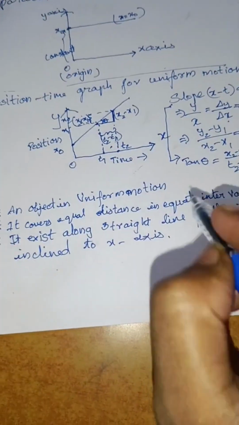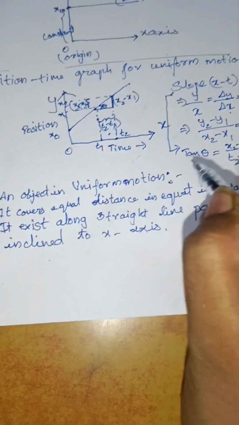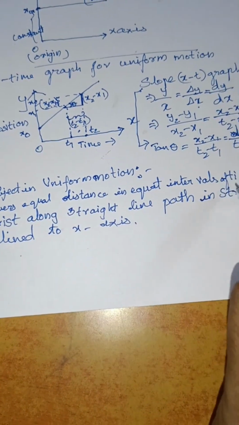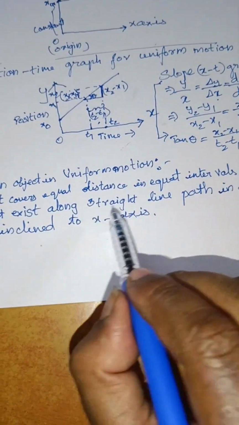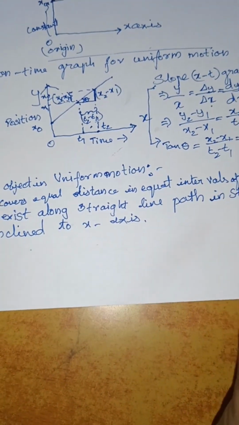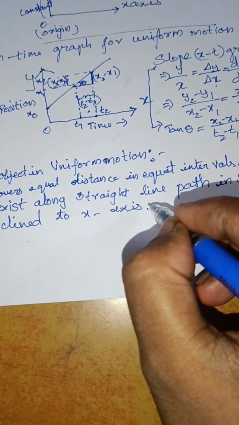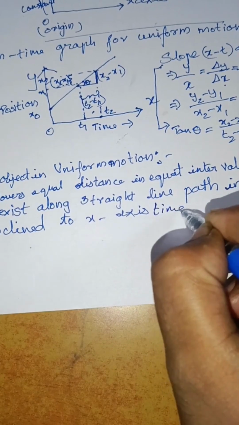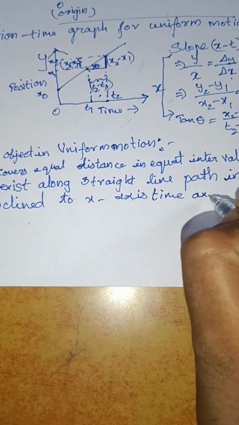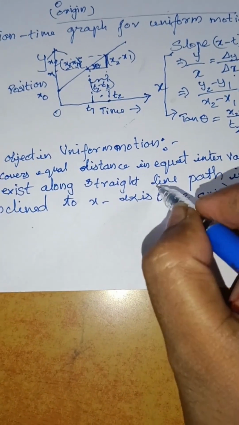An object in uniform motion, how does it have to be? It covers equal distance in equal intervals of time and it exists along a straight line path inclined to the x-axis. X-axis in the sense of time axis. I hope you will be very clear.